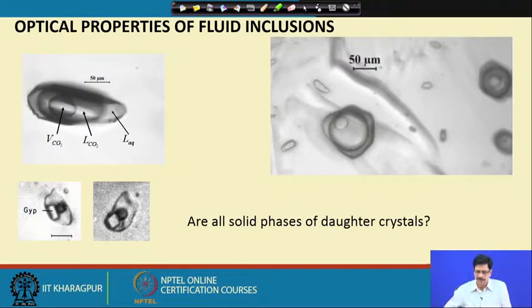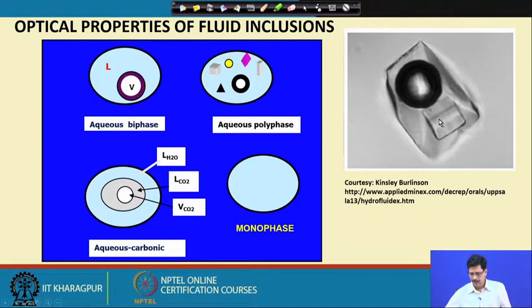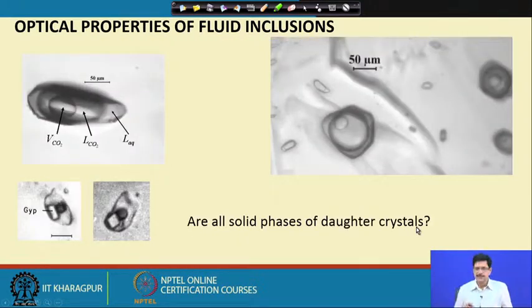Although we will be discussing and correlating them to the phase relations in simple systems like water or water plus salt, it is worthwhile to say now that the solid phases occurring here, these crystals which we find in the inclusion cavities, mostly occur in aqueous inclusions.